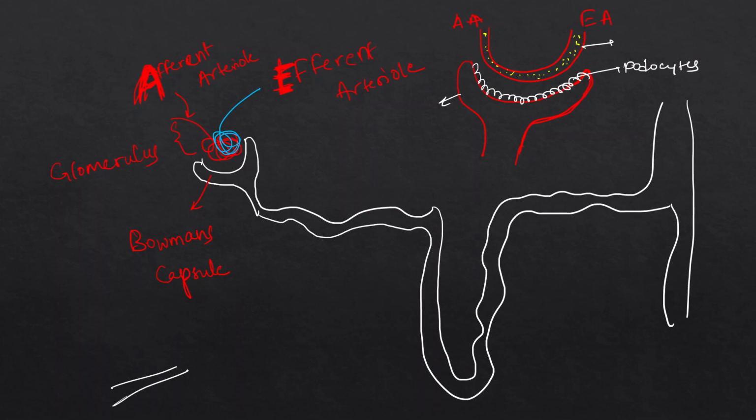Capillaries are not non-porous, they have pores, tiny little pores. The blood present inside this capillary exits through these pores, enters into the podocytes, and enters the Bowman's capsule.